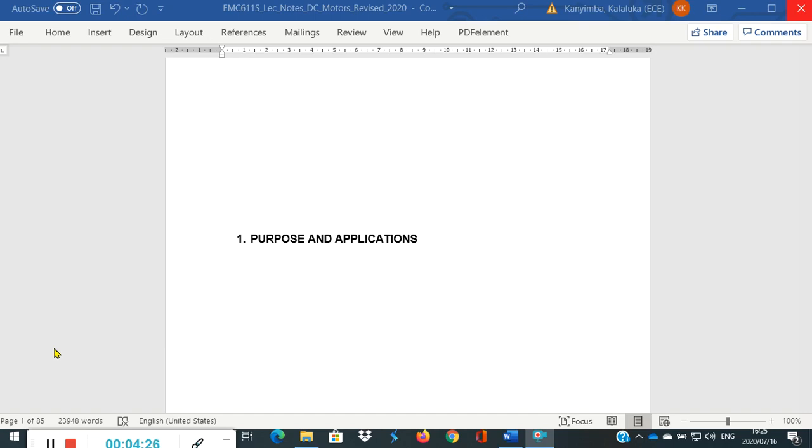Other applications include cranes and other hoisting equipment. Large DC motors, that is in the range of 12 megawatts or so, are used as drives in blooming and slabbing mills and as propulsion units in diesel-electric ships.